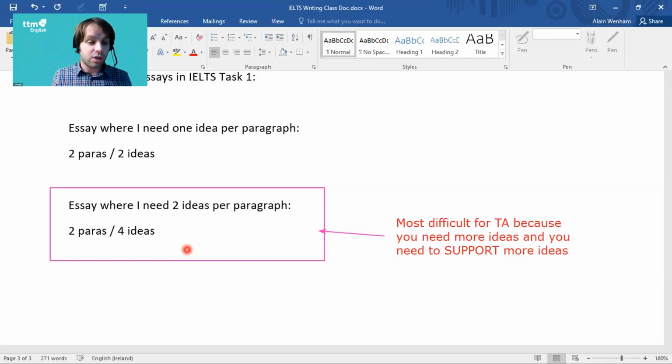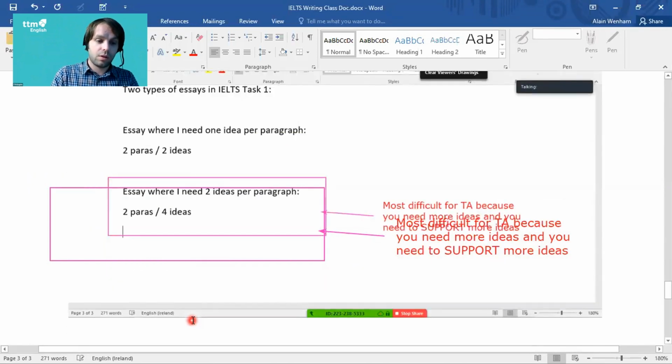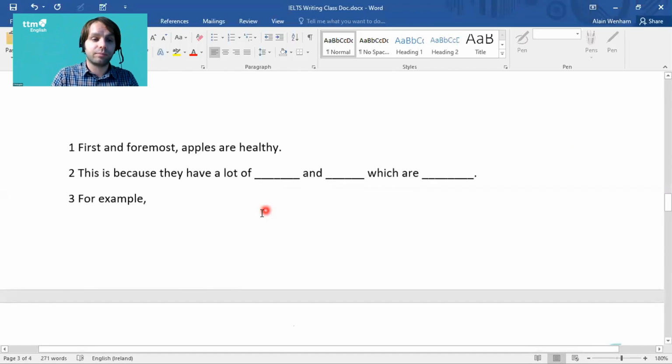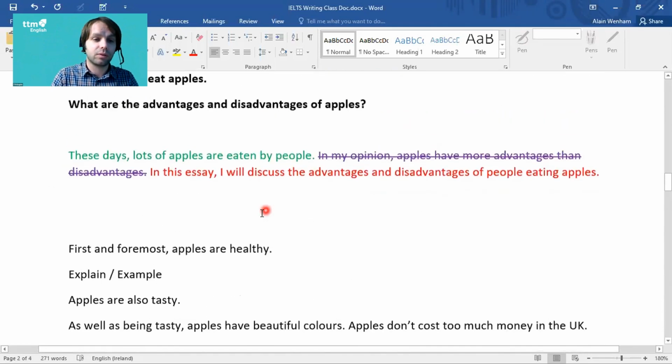So my solution to this. Imagine we say idea 1. Well, we have an example already. Let's come back to my apples essay. Here it is.